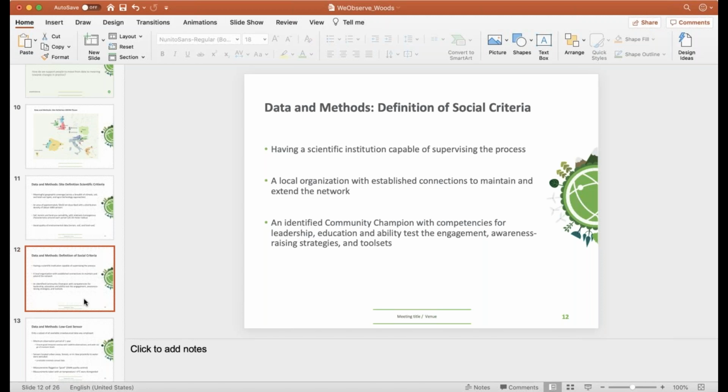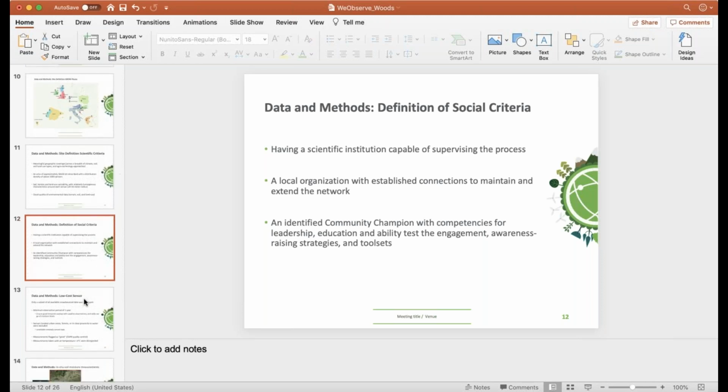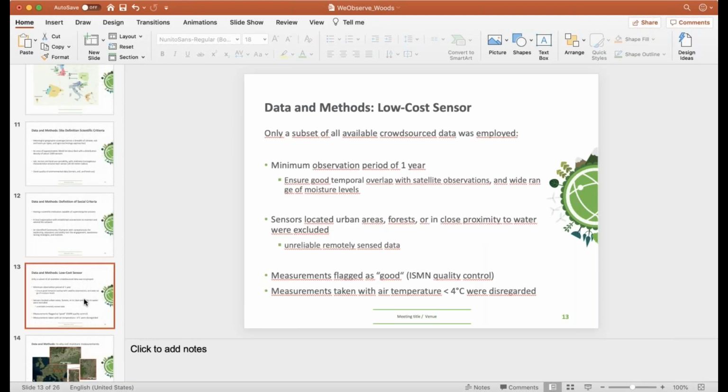As well as the online training, they supported face-to-face, a blended training approach, so they could monitor how the community was doing on the ground.